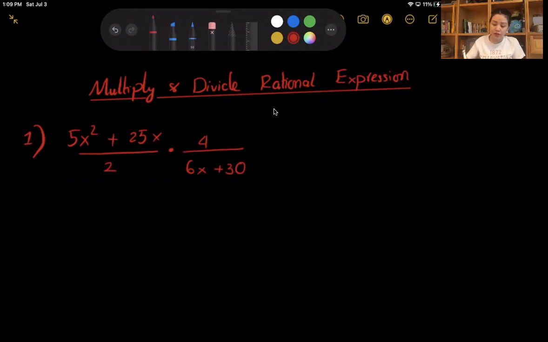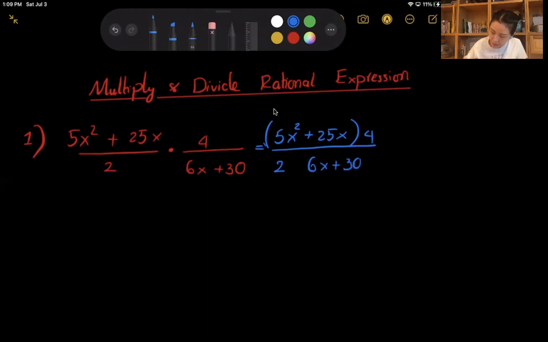Okay, and again, the trick here is just you multiply the top and you multiply the bottom together. So this is equal to 5x squared plus 25x, all of this multiplies to 4, divided by 2 times 6x plus 30.